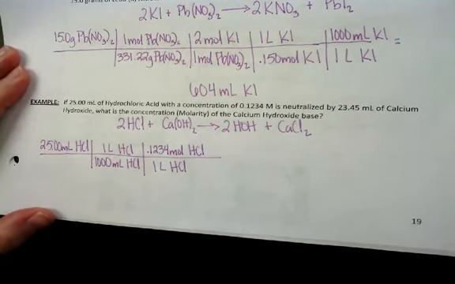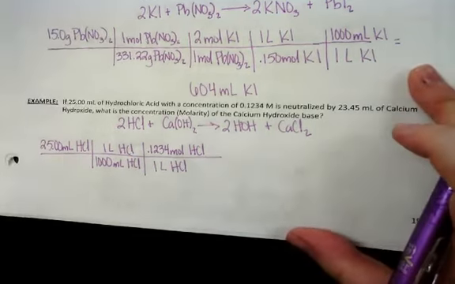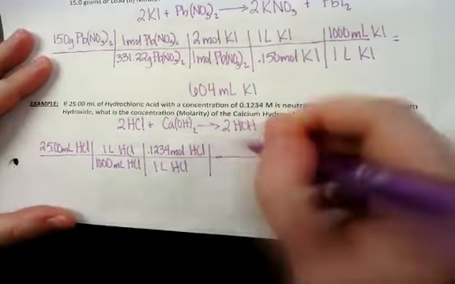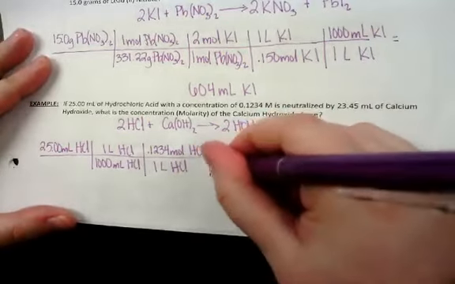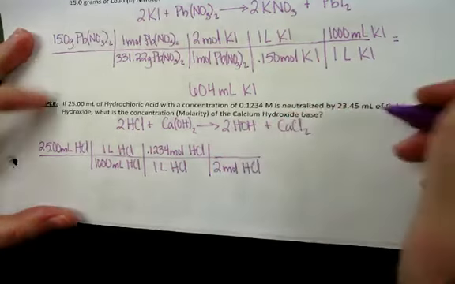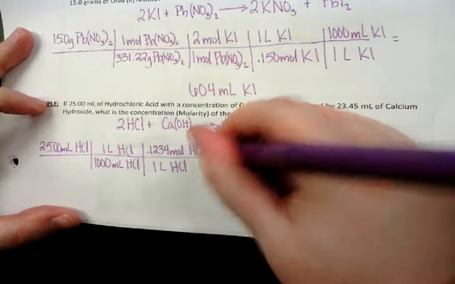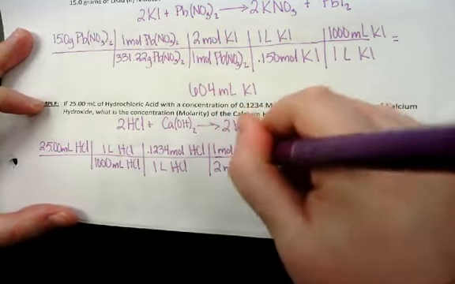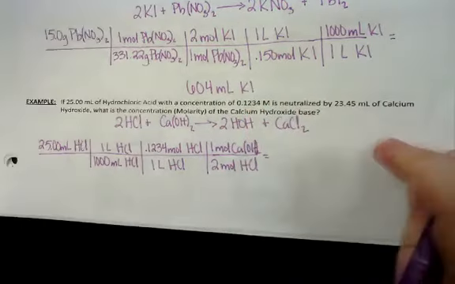At this point, what can we do? Mole ratio. So we can go from moles of hydrochloric acid, so 2 mole HCl, and we're solving for calcium hydroxide, so 1 mole Ca(OH)2. Oh, hold on. And then we're going to stop.